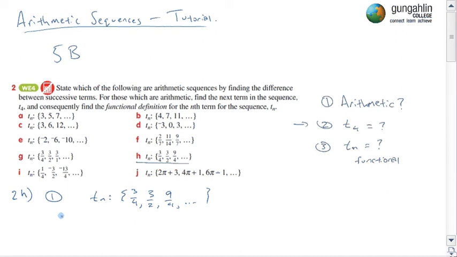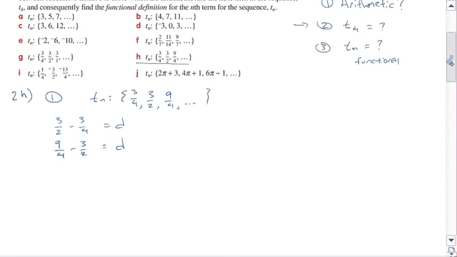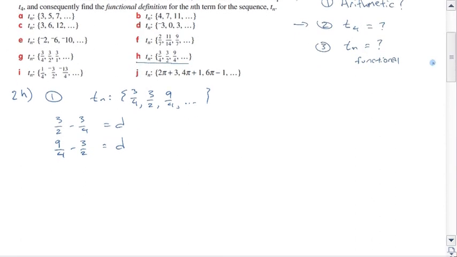So if, for instance here, 3/2 minus 3/4 is equal to some constant d, and 9/4 minus 3/2 is equal to that same constant d, then tn is arithmetic.